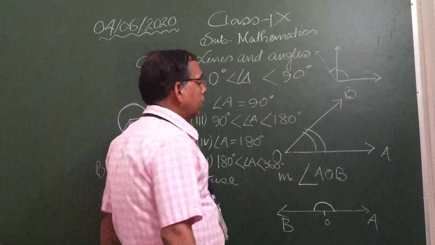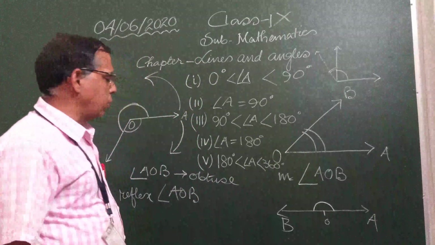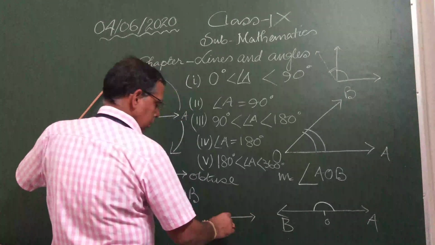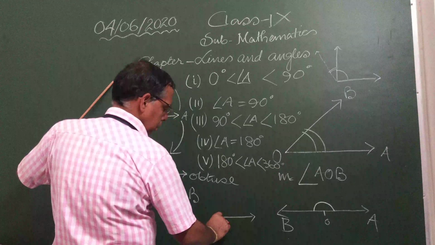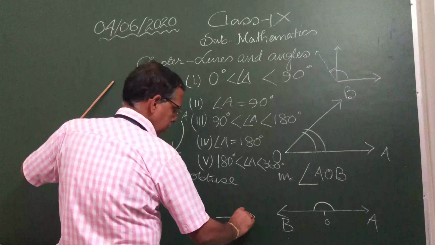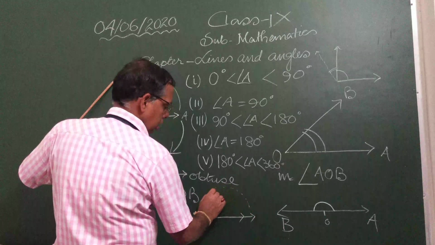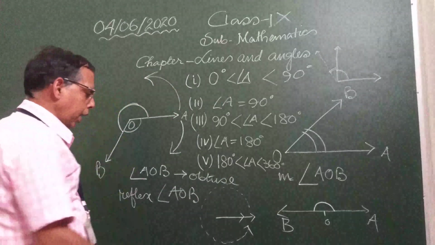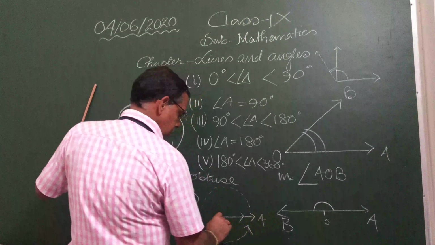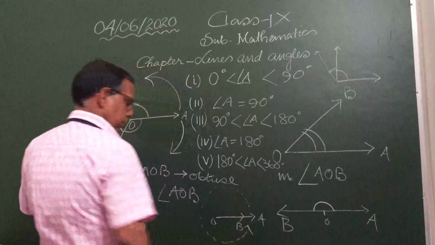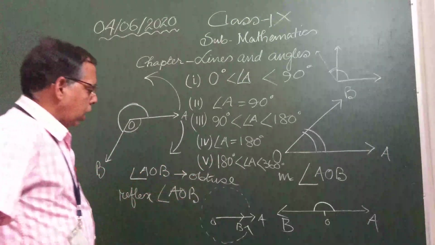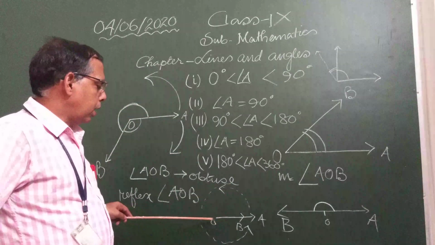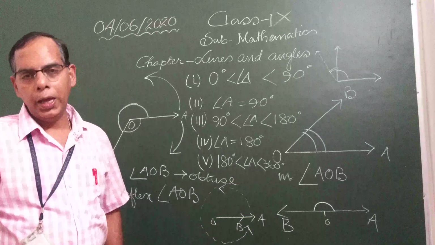How complete angle? Suppose if I draw a small figure. So the ray, suppose this is A, this is O, and this is B. So we started rotating in an anti-clockwise direction, and then it meets the line or coincides with the line OA.